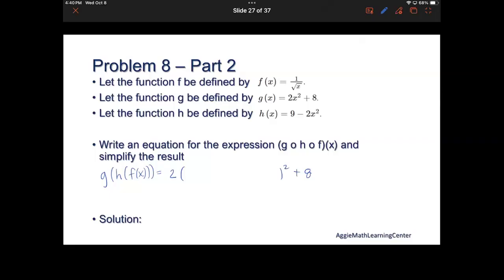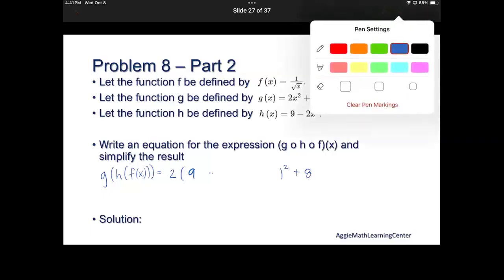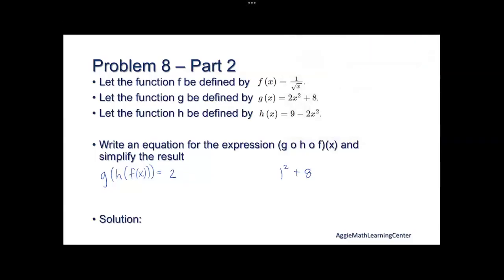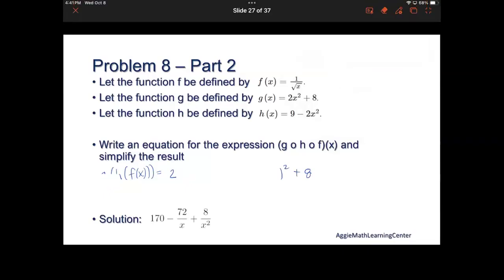So next I have 9. I'm going to make them different colors. Actually, we're going to do this super fancy. Blue is G of h of x, opening parenthesis.